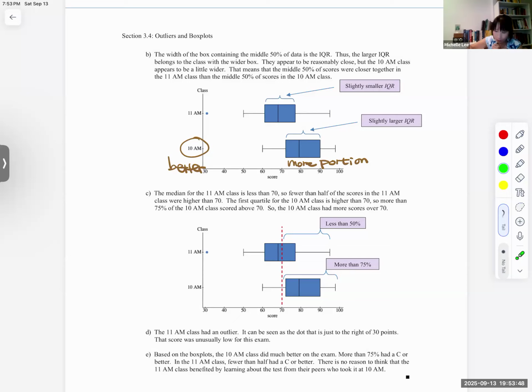If we measure from the 70 here to here, less than 50%, right? And here to here, so 25, 25, 25, a little bit more than 75. Yes, it is correct, right? So 10 a.m. is better.